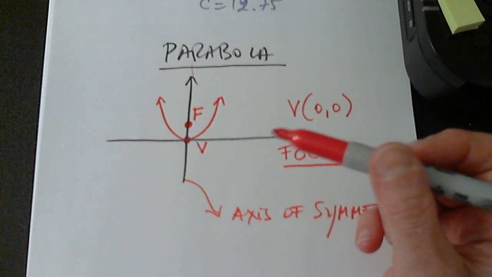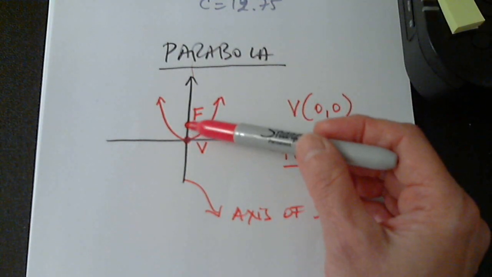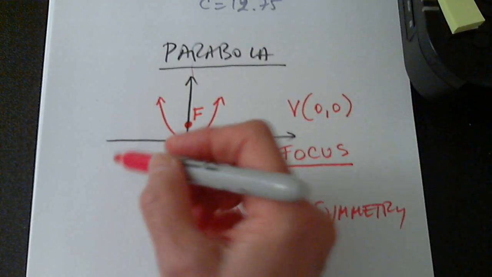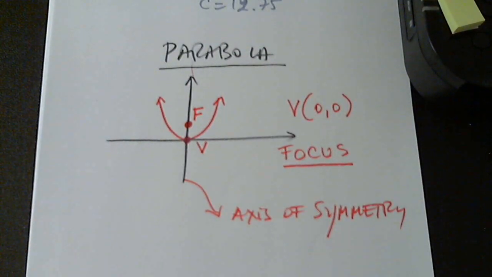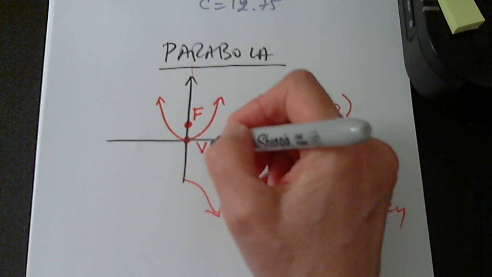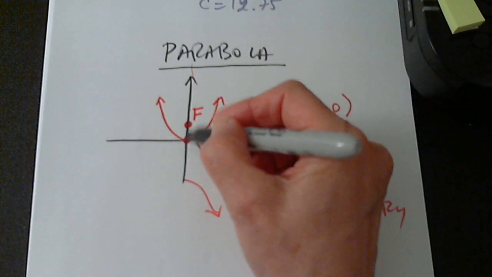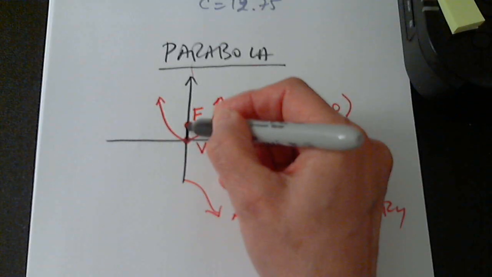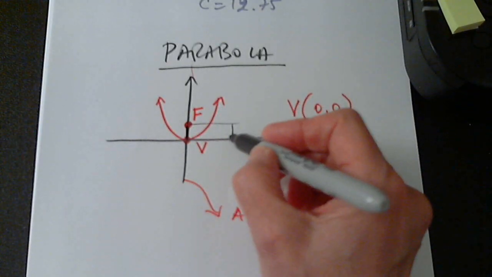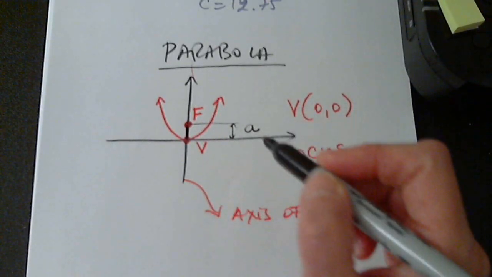And it has coordinates in such a way that this distance, we're going to call it A, lowercase a.